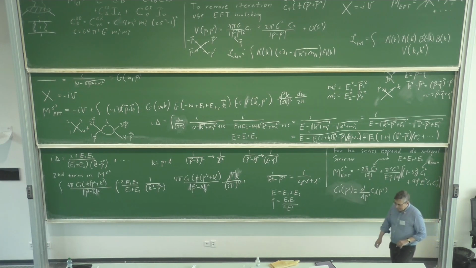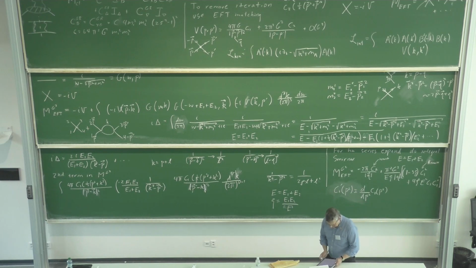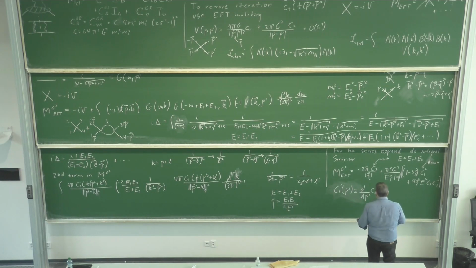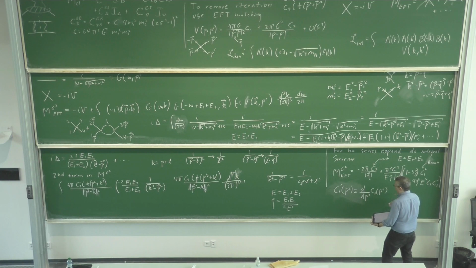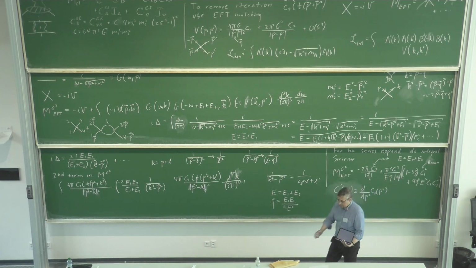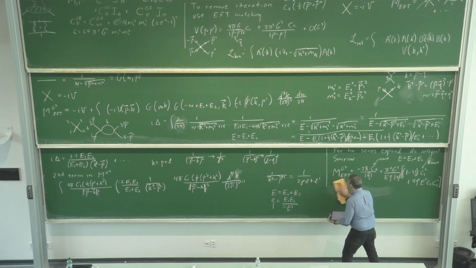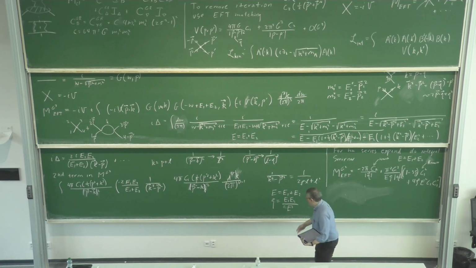And there's one more term. The extra guy, there's one more term. C1 prime of P squared is d by dP squared of C1 of P squared.